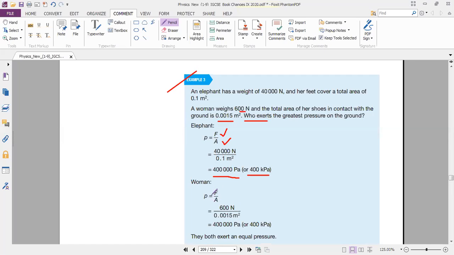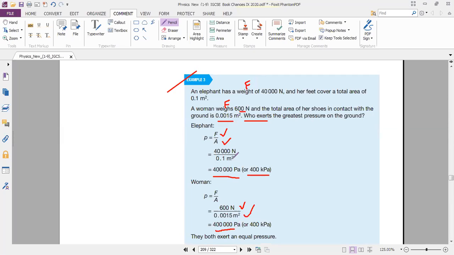Same equation, pressure equals force by area, force equals 600 Newton, weight of the woman. Here, weight of the woman is the force, and weight of the elephant is the force. 600 divided by 0.0015 meters square.